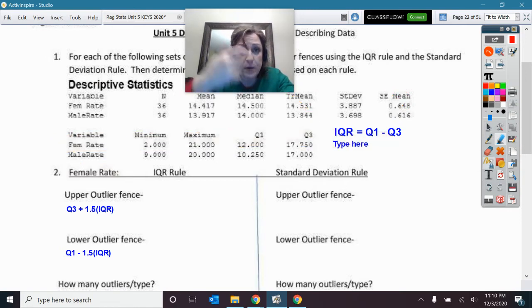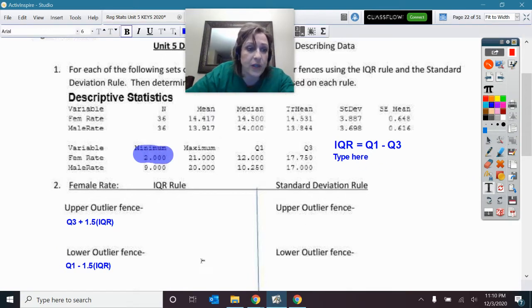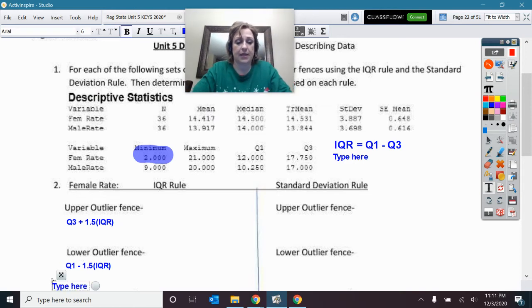And remember that when you do that, you want to look at, say, the minimum. This is the question you're asking: is the minimum below that lower fence?